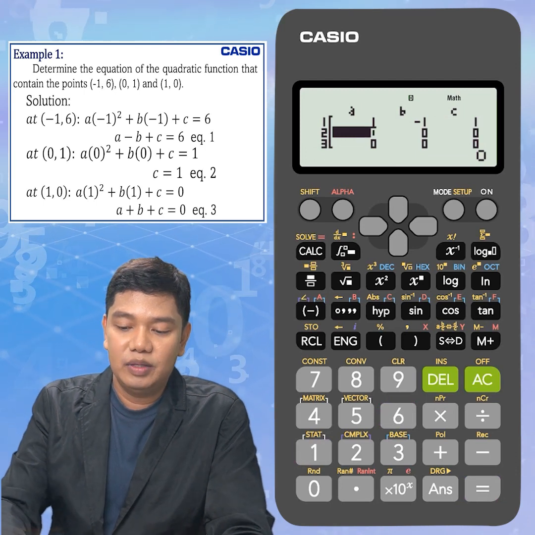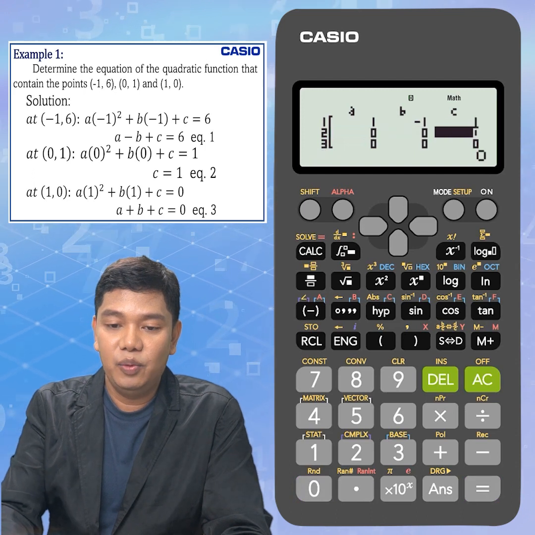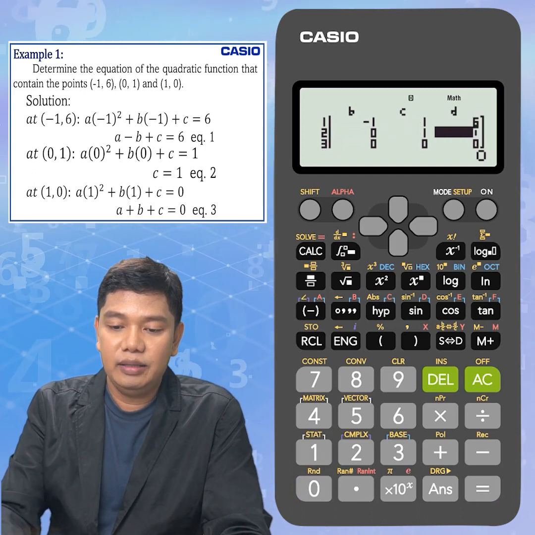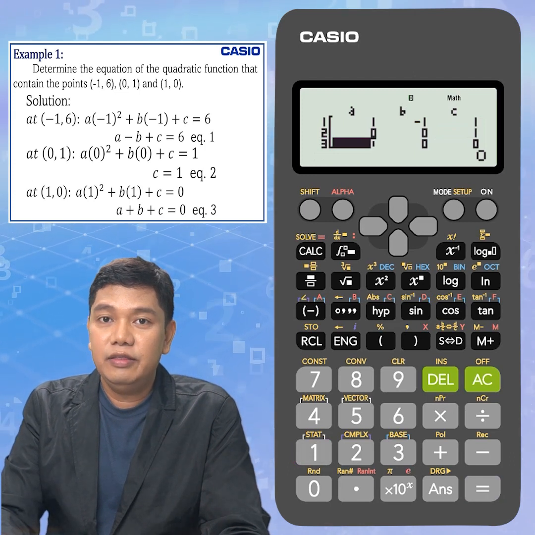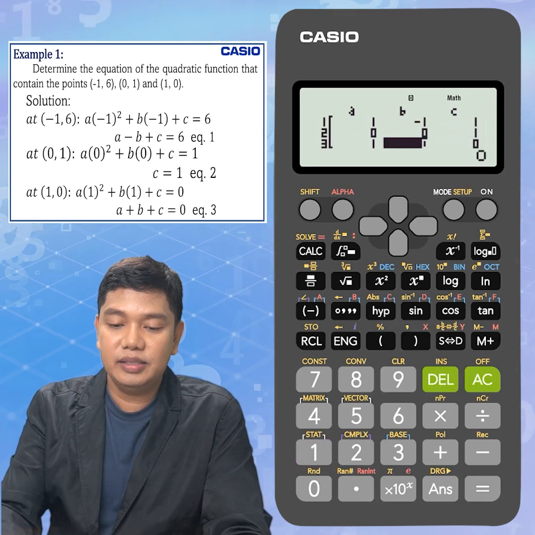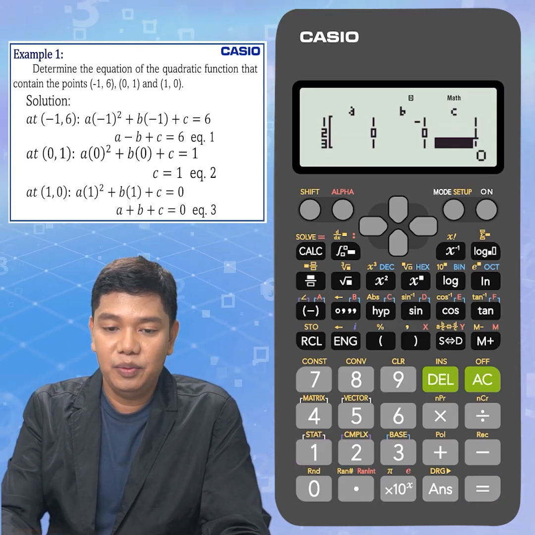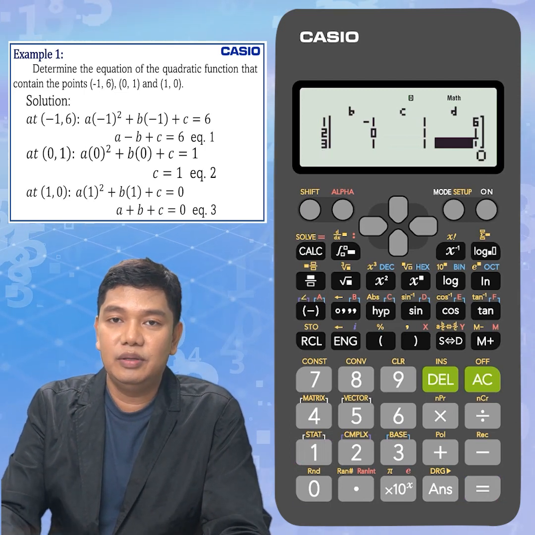We have 0 equals, 0 equals, 1 equals, and 1 equals. In the third equation, we have 1 equals, 1 equals, 1 equals, and 0 equals.